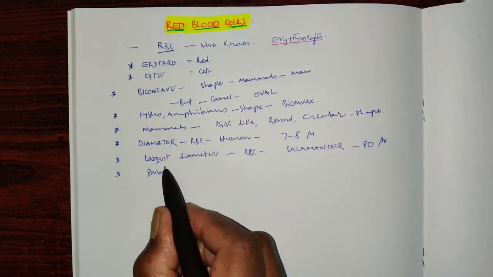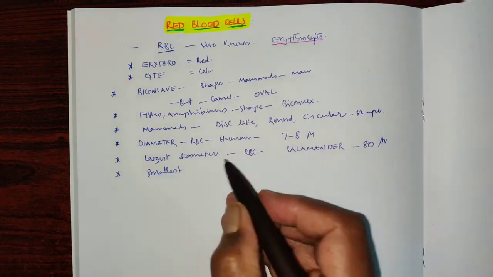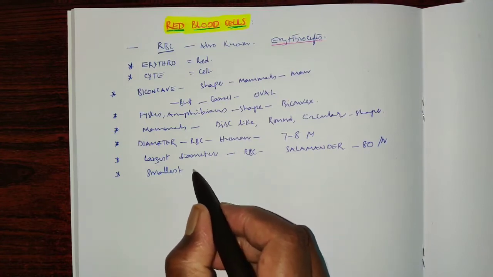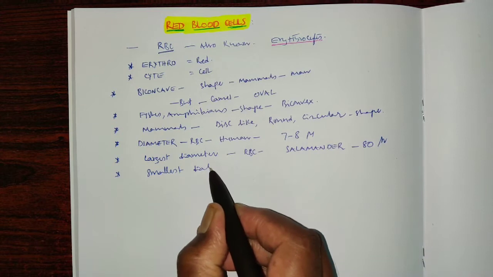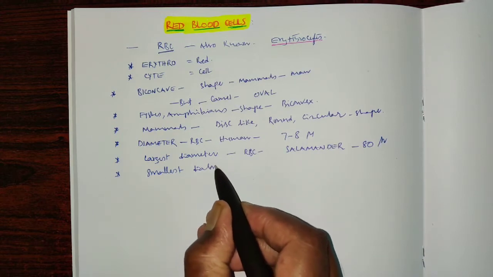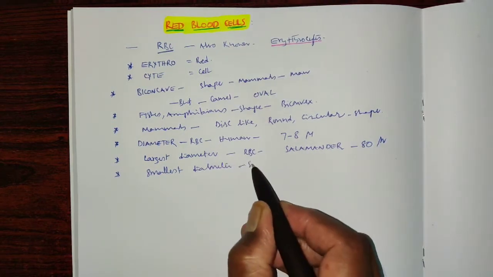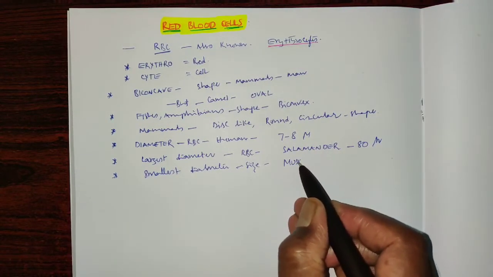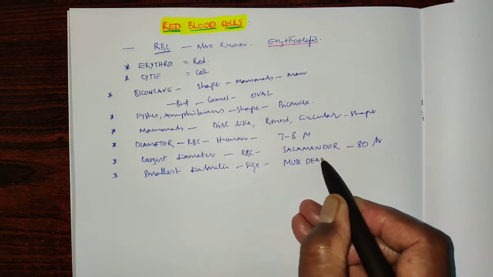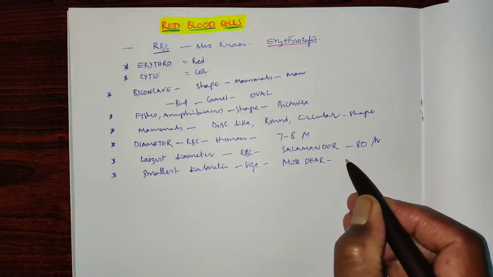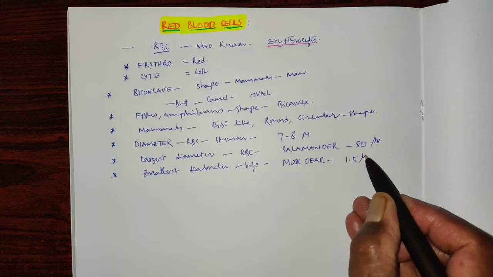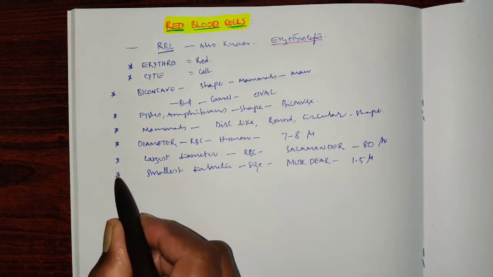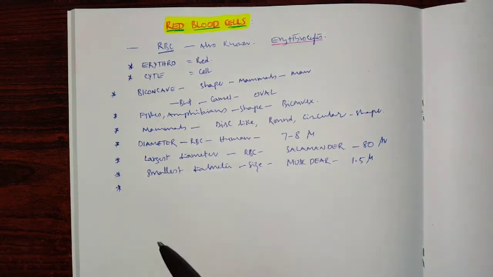The smallest size and diameter is in musk deer. Musk deer is about 1.5 microns.